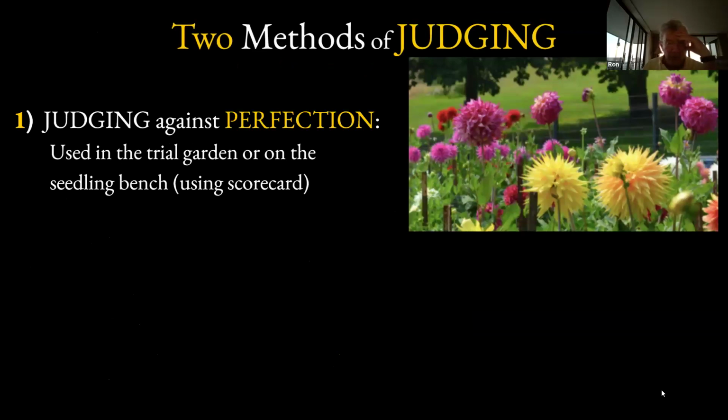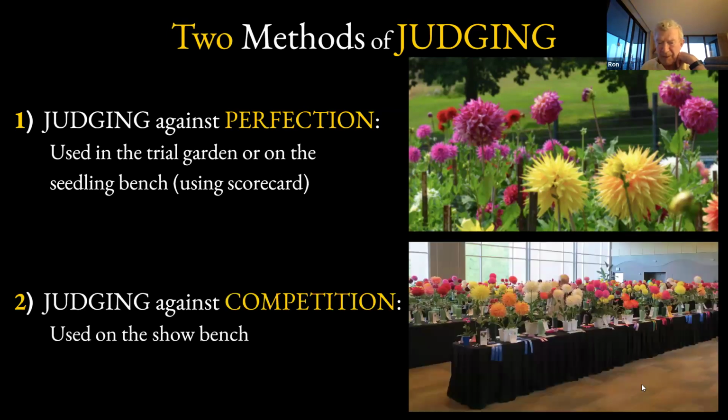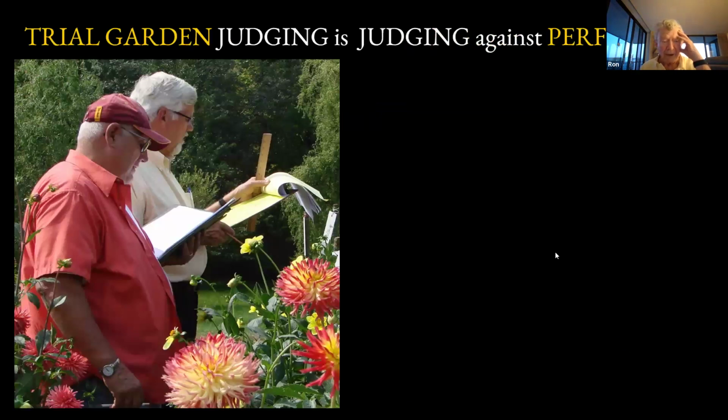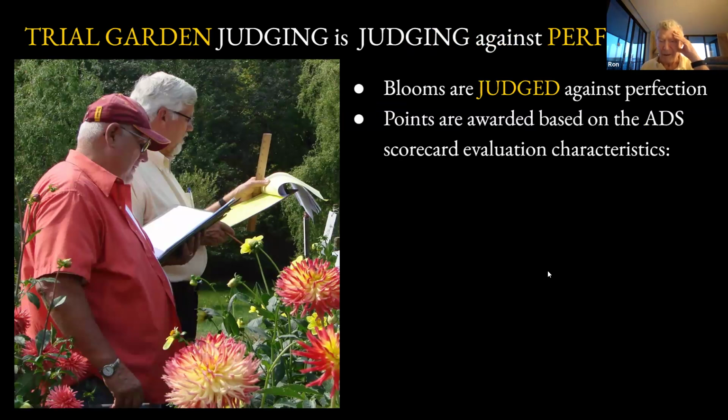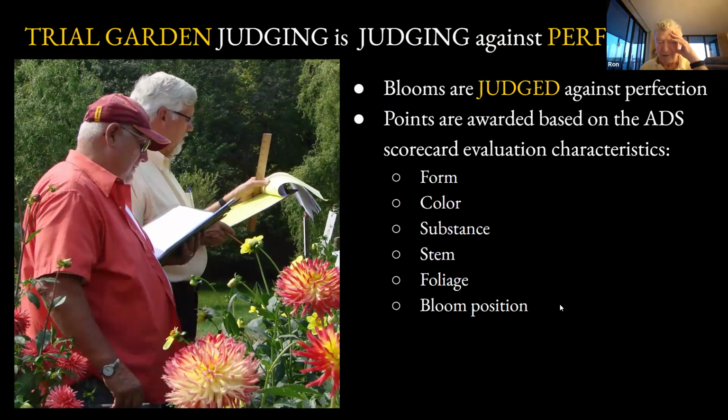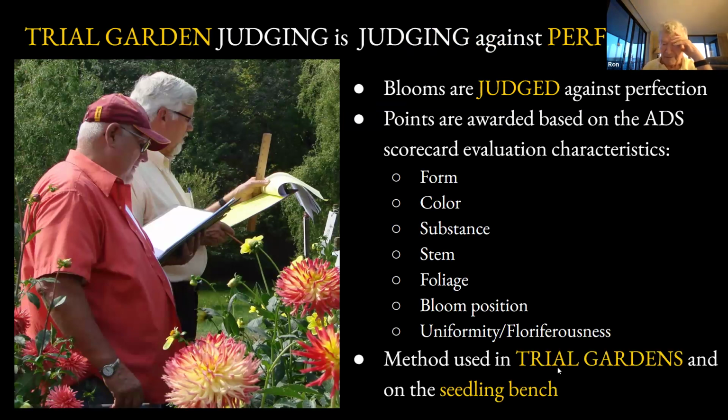Okay, I think we're getting to the end here. So judging against perfection, that's in the trial garden or on the seedling bench evaluation. And the other is judging in competition, and that's on the show bench. We're judging against perfection in the trial garden, with form and color being the primary two, and substance, stem, foliage, bloom position, and floriferousness being the others.